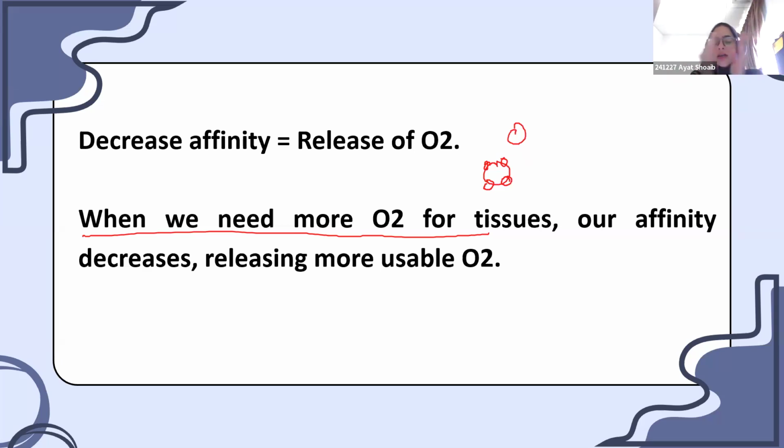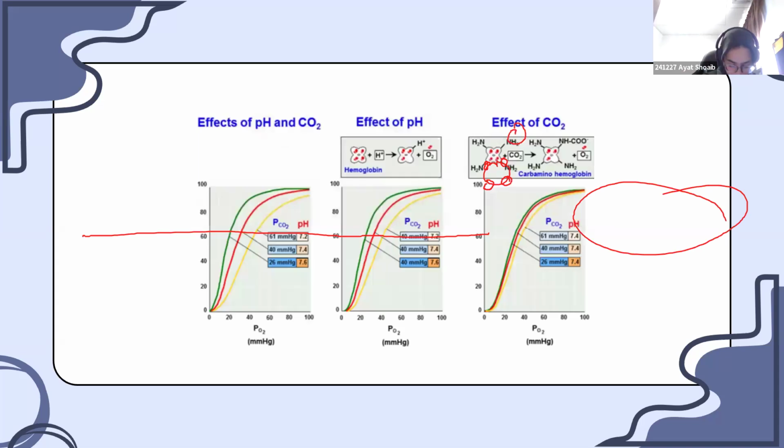Your tissue is going to die. You need it to be free. So you need the hemoglobin to release the O2. You need it to reduce the affinity at the tissue site, and this will result in releasing more usable O2, because it can cross the barrier and go to our tissue and eventually help it.